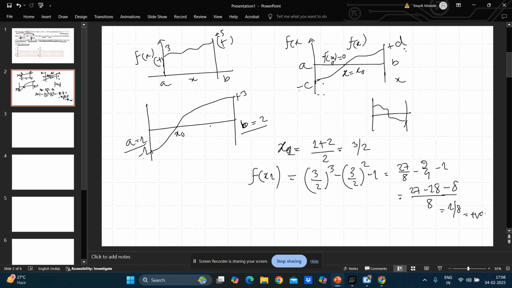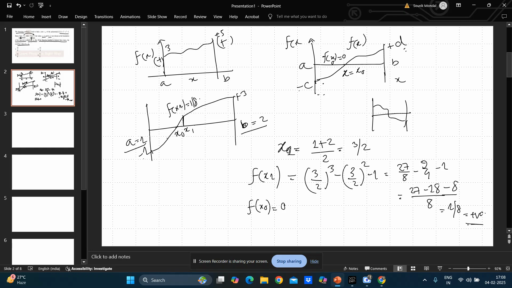Okay, so suppose this is f(3/2), and this is the point x0 where f(x0) is equal to 0. Now f(x1) is positive, so it can't be on the left side of x0, because on the left side of x0 its value should be negative, and on the right side its value should be positive.